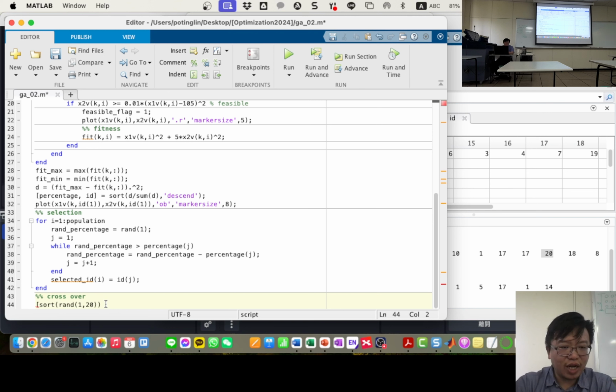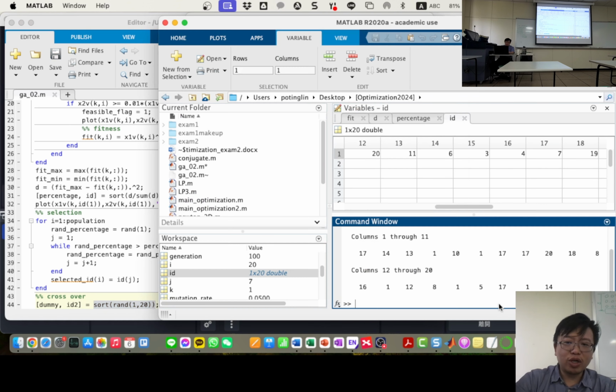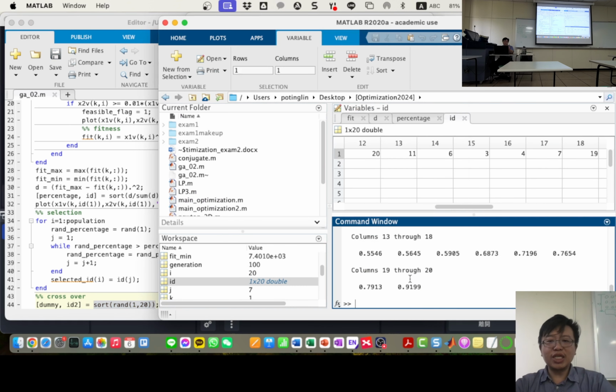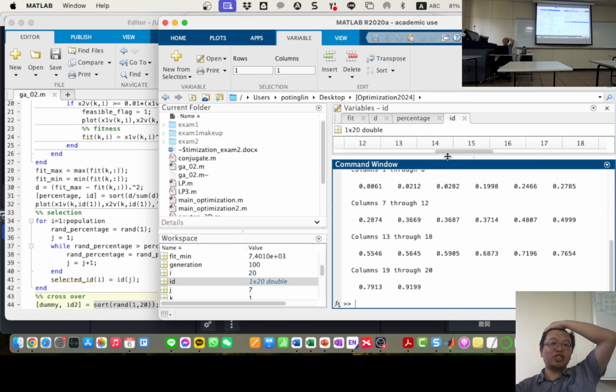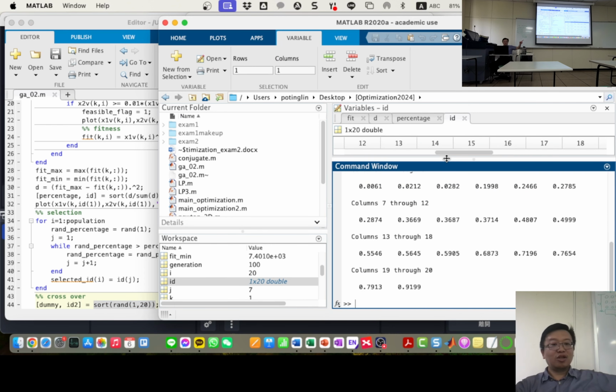output I keep, so this is some dummy variable, but I need an ID, so now I'm going to call this ID2. Okay, what does this do? If I randomly sort 20 randomly generated values, the original index comes from 1 to 20, right?